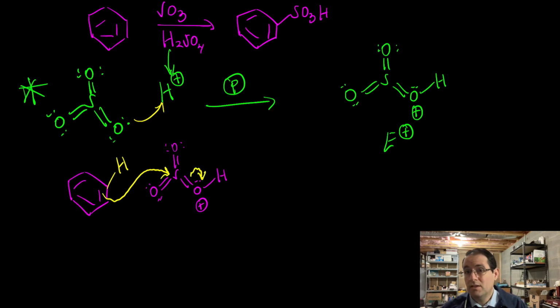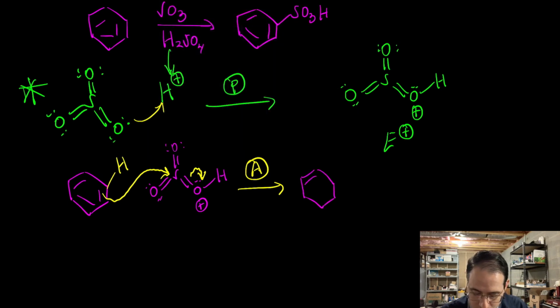The goal of the electrons is eventually to end up at some electronegative atom or the positive charge. So this right here is benzene attacking, and what you form is an intermediate that looks like this.